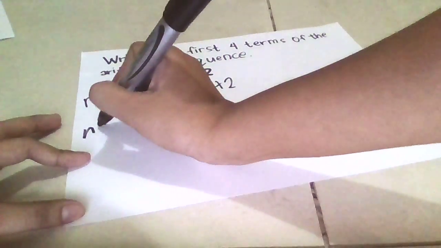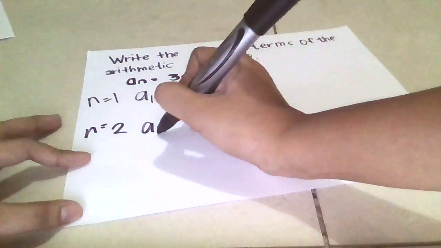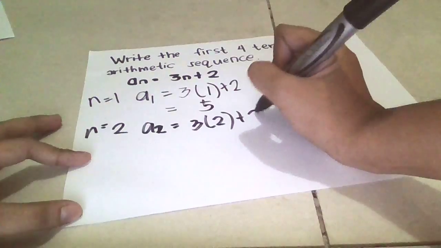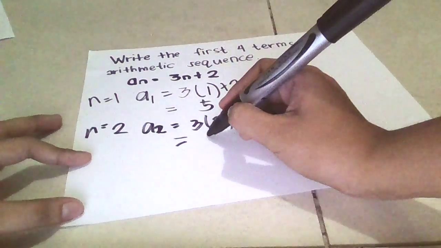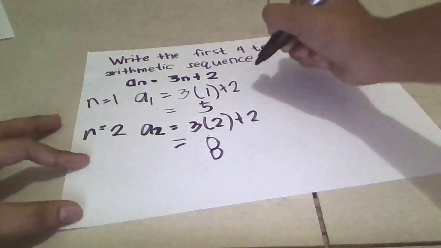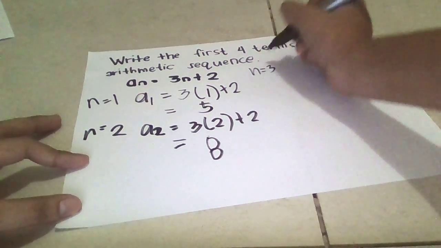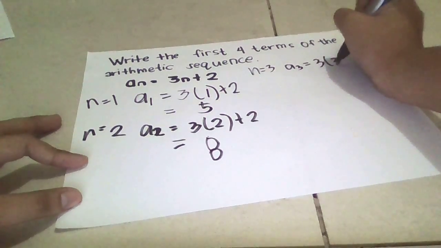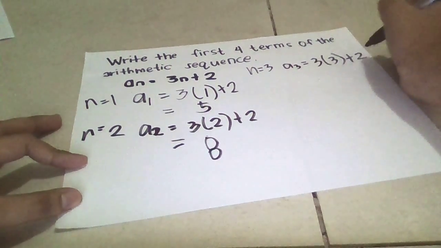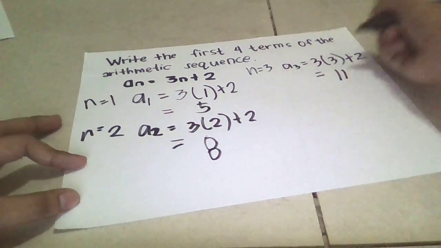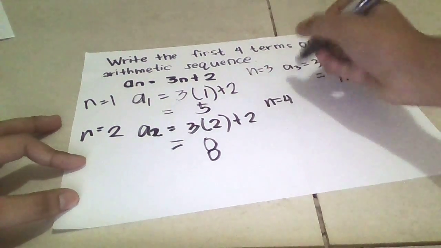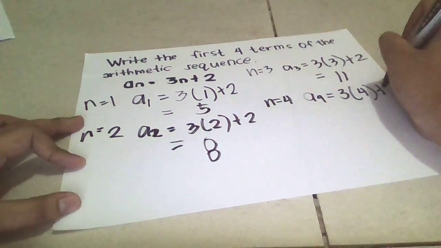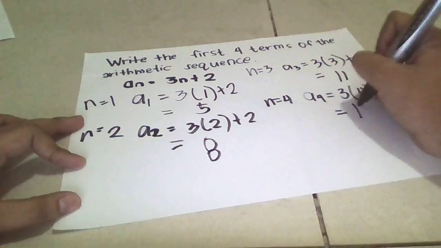And repeat: for n equals 2, a sub 2 is 3 times 2 plus 2 is equal to 8, and n is equal to 3. a sub 3 is equal to 3 times 3 plus 2 is equal to 11, and n is equal to 4. a sub 4 is equal to 3 times 4 plus 2 is equal to 14.